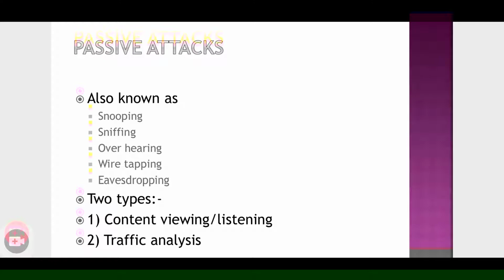In cryptography, you had already studied about passive attacks as well as active attacks. Passive attack is otherwise known as snooping, sniffing, overhearing, wiretapping or eavesdropping.